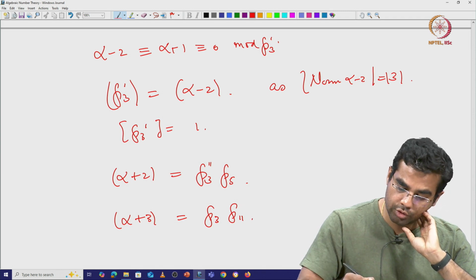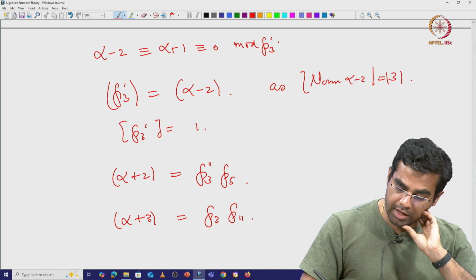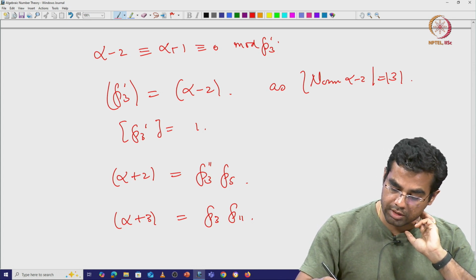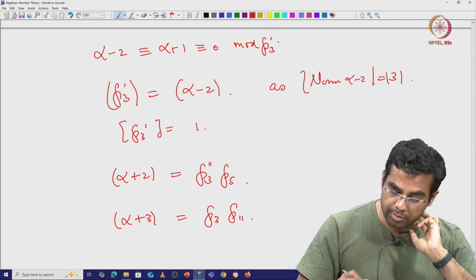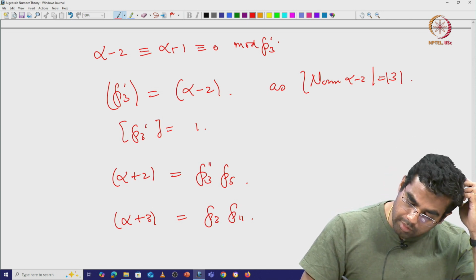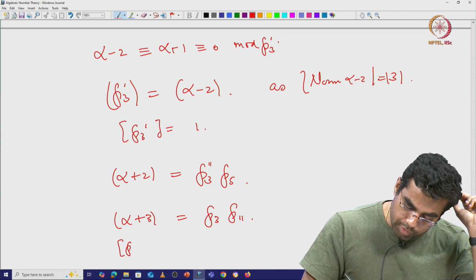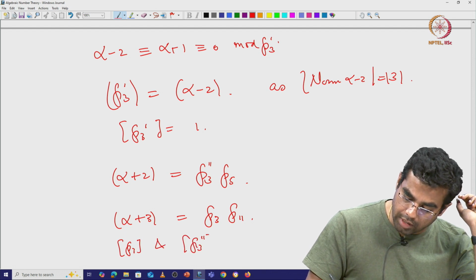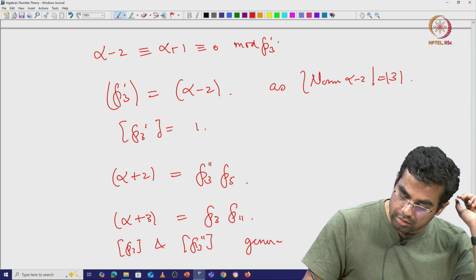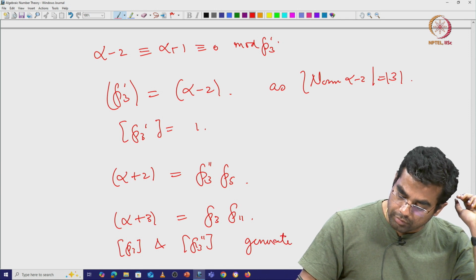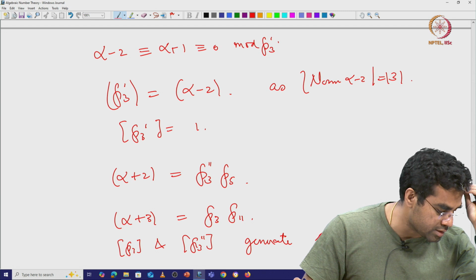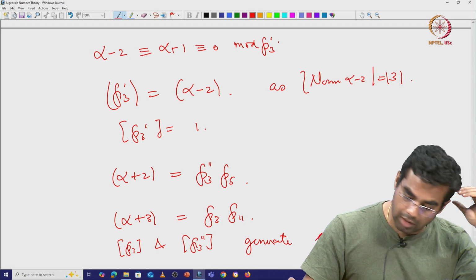And so P5 and P11 are taken care of by P3 and P3 prime and P3 double prime, and P3 prime is anyway 1. So, P3 and P3 double prime generate the class group. That is what we have proven up to this point.